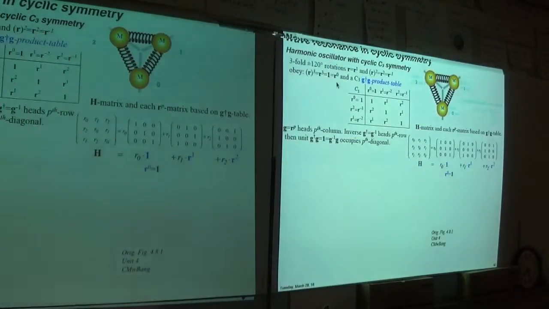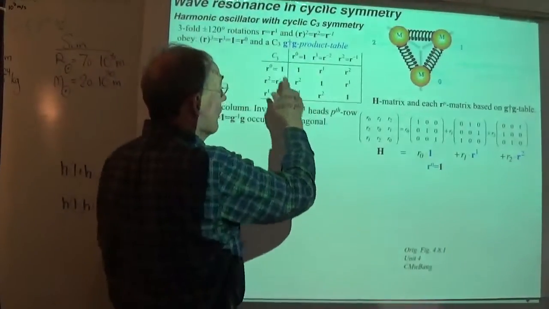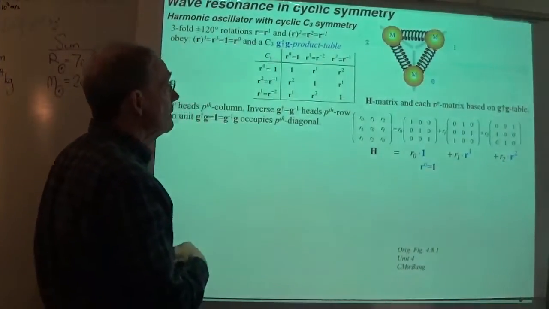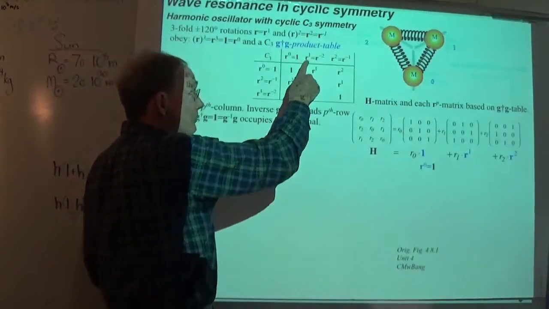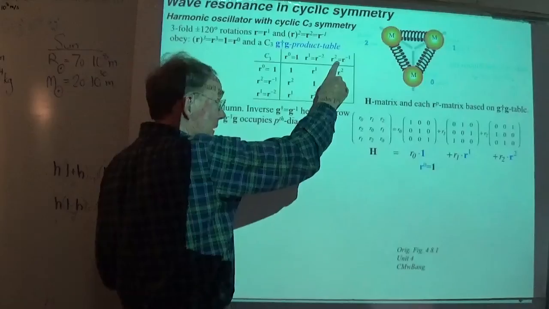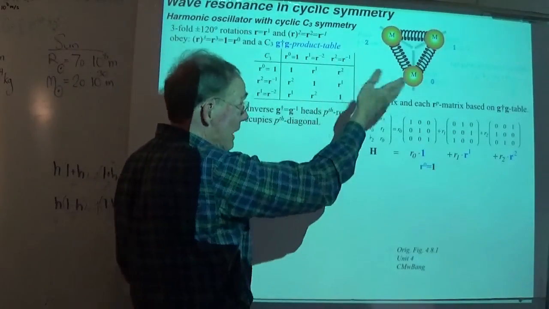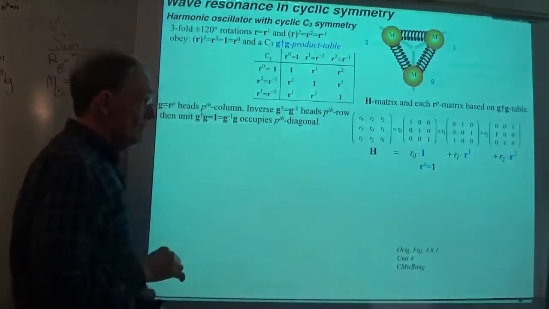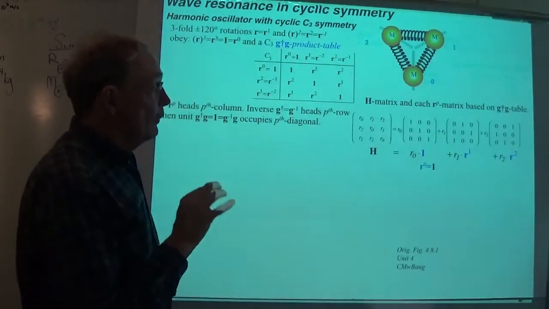And once again, we're going to take a product table for the group C3, which simply has multiplications of an element to the first power and to the second power. And that's what is indicated here. These exponents here, these powers, are a part of the story here, and that's really all the story.